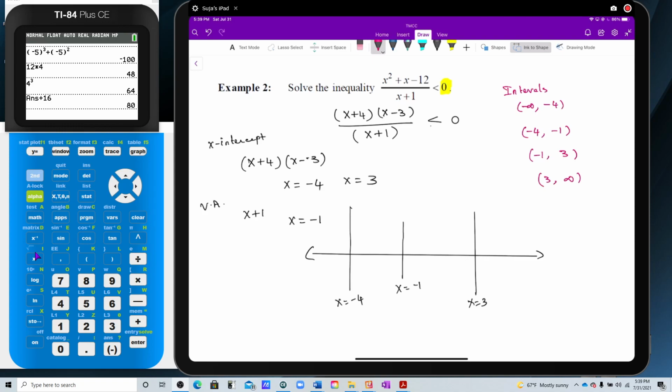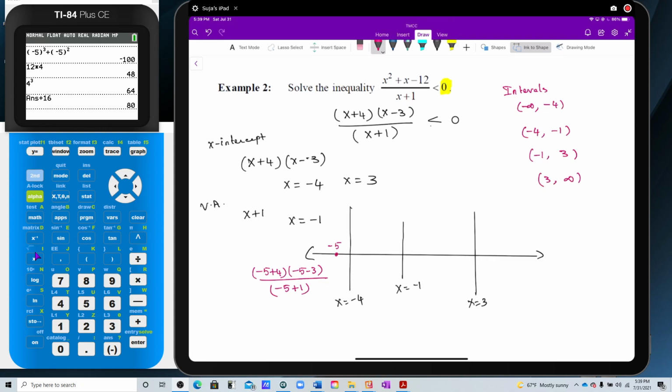So let me pick some test points. I'm going to pick negative 5. Plugging back in, negative 5 plus 4 times negative 5 minus 3 over negative 5 plus 1. I'm using the factored form just for simple calculations; I could have used the original too.